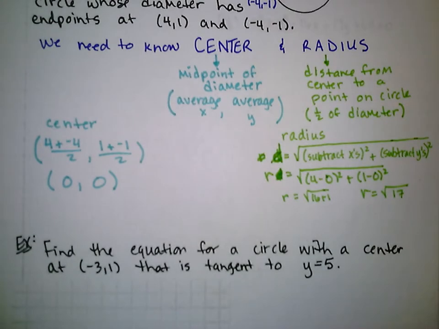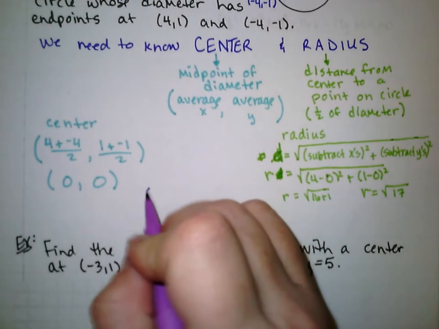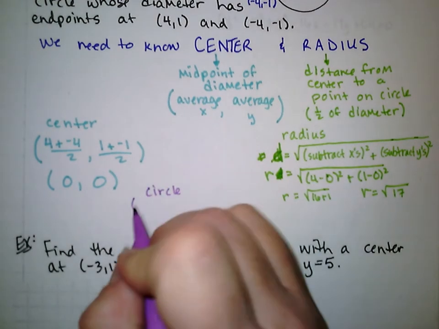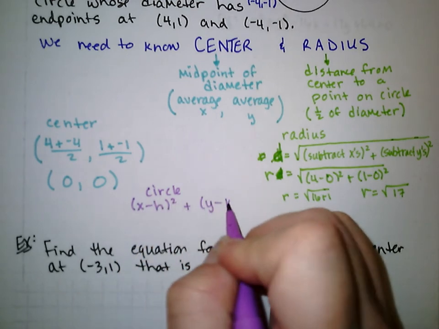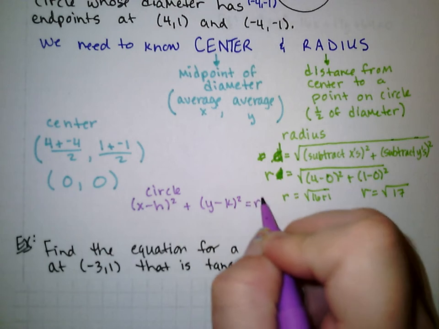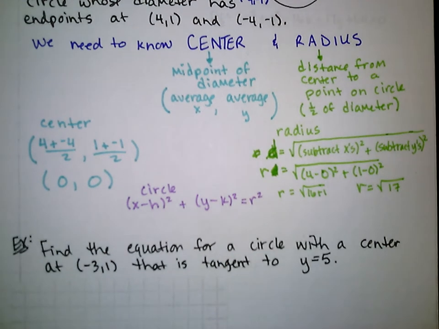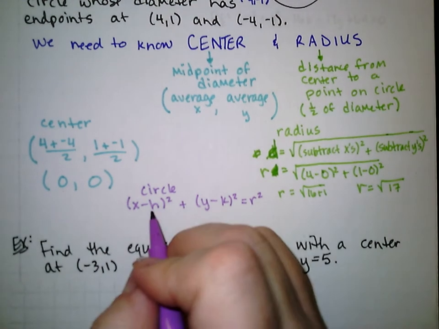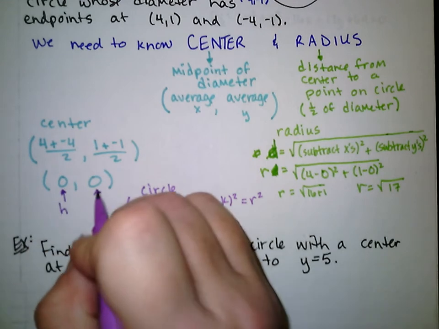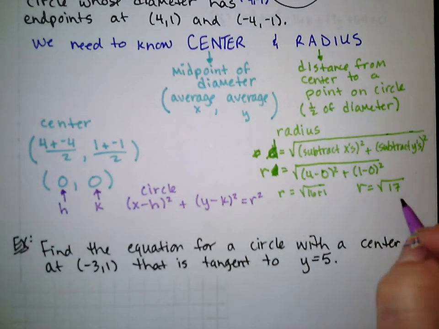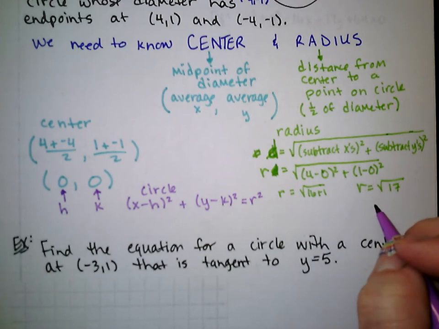And then to find the equation of the circle, we go back to our handy-dandy standard form. x minus h squared plus y minus k squared equals r squared. So our h is 0, our k is 0, and the r squared we're going to get from the r here.